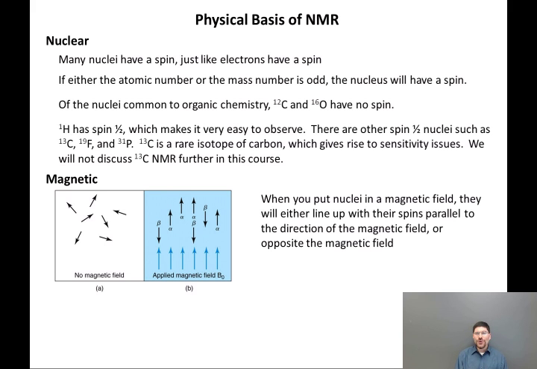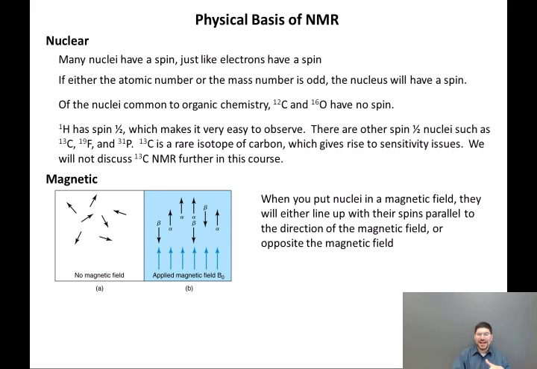Well, when you put nuclei into a magnetic field, they will either line up with their spins parallel to the direction of the magnetic field or opposite to the direction of the magnetic field. So in this figure here, in the absence of the magnetic field, the spin vectors can be pointing in any direction that you want.